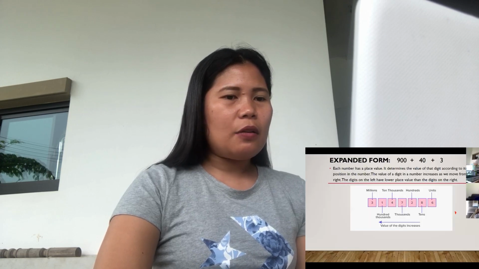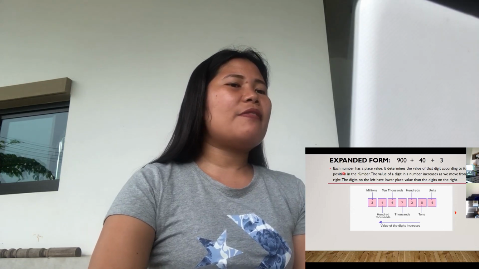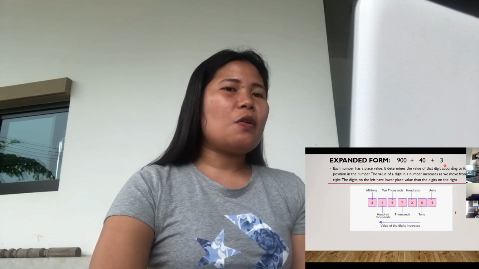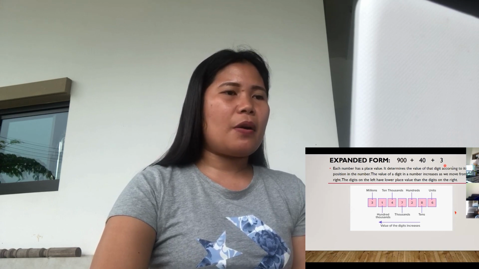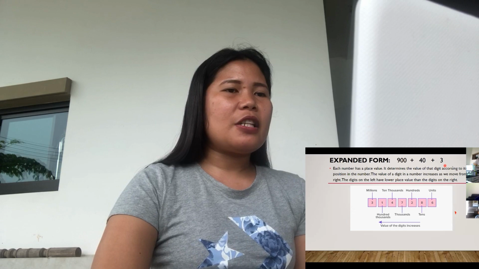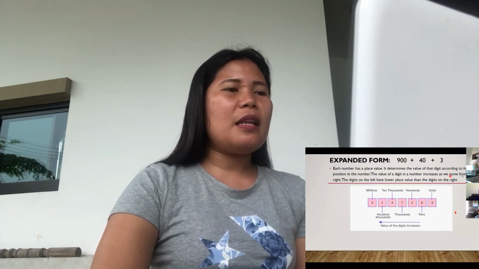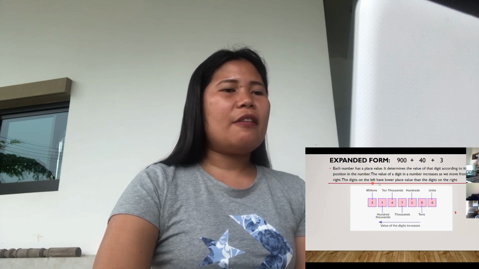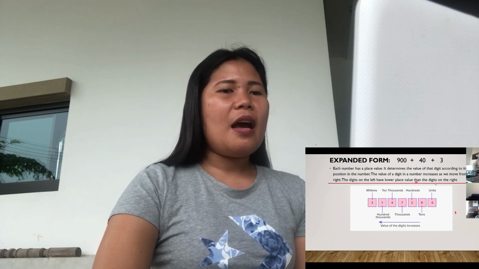So guys, now let's move on. Each number has a place value, and it determines the value of that digit according to its position in the number. The value of a digit in a number increases as we move from left to right. The digits on the left have lower place value than the digits on the right.